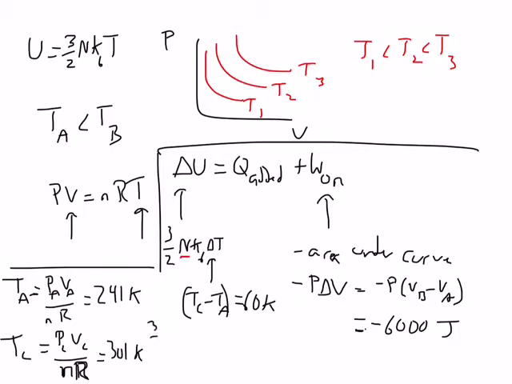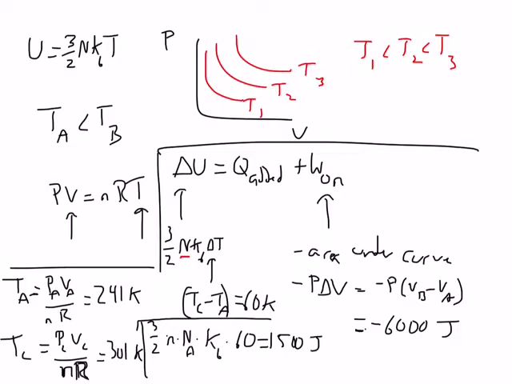So this is 3/2 times the number of moles times Avogadro's number times KB times 60. That's the delta T. And those are all numbers that we have. You need to plug them into your calculator carefully, but if you do that, you get 1,500 joules.